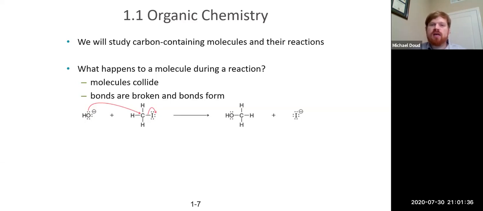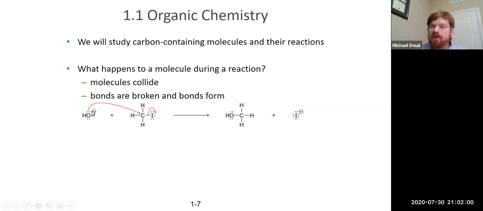We want to understand how reactions occur and the process by which products are formed from reactants. So if you think back to your kinetic theory from your general chemistry class, and we'll review this again later on, what happens when a reaction occurs? You have 2 molecules, or however many molecules you have, they collide, bonds break, and bonds form.